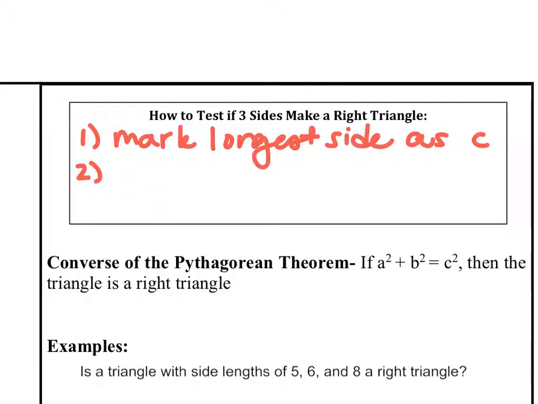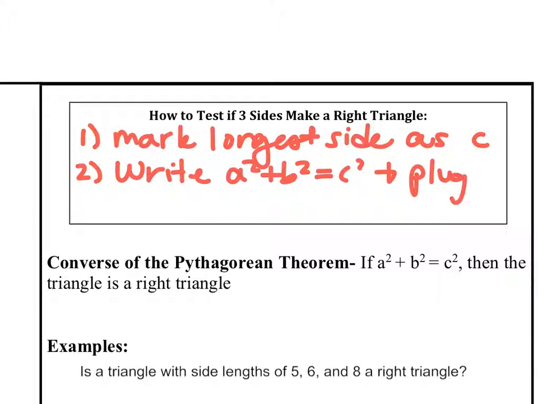Then you're going to write the Pythagorean theorem, a squared plus b squared equals c squared, and plug in the numbers you know. And then if it's true, it's a right triangle.